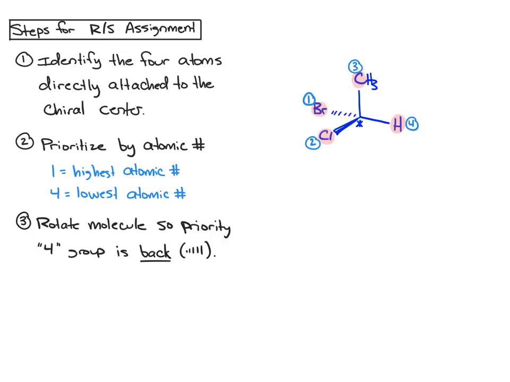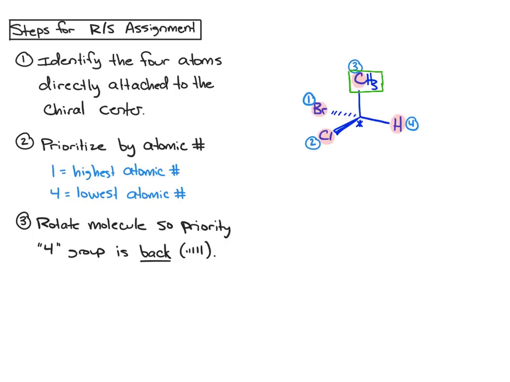So the way I'm going to get this priority 4 group to the back is I'm going to hold the CH3 group constant in place, and the other 3 groups we can move around clockwise or counterclockwise.